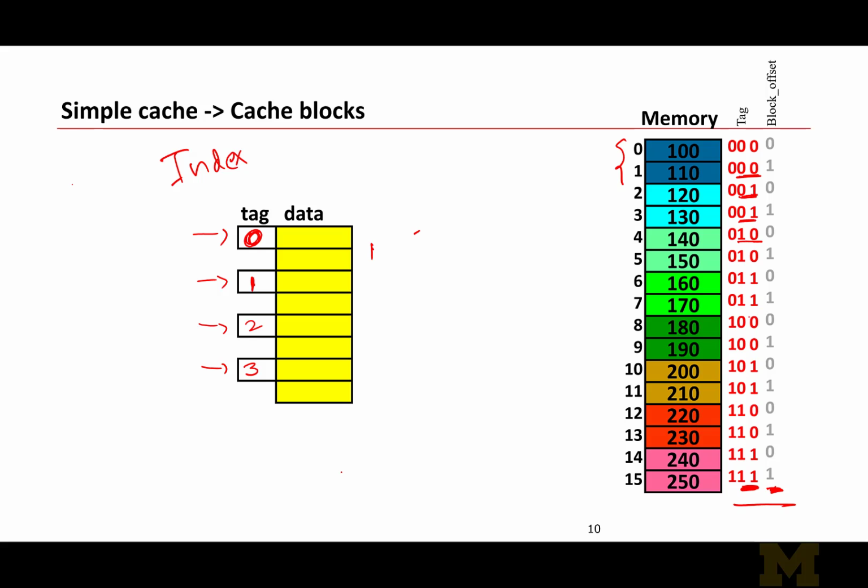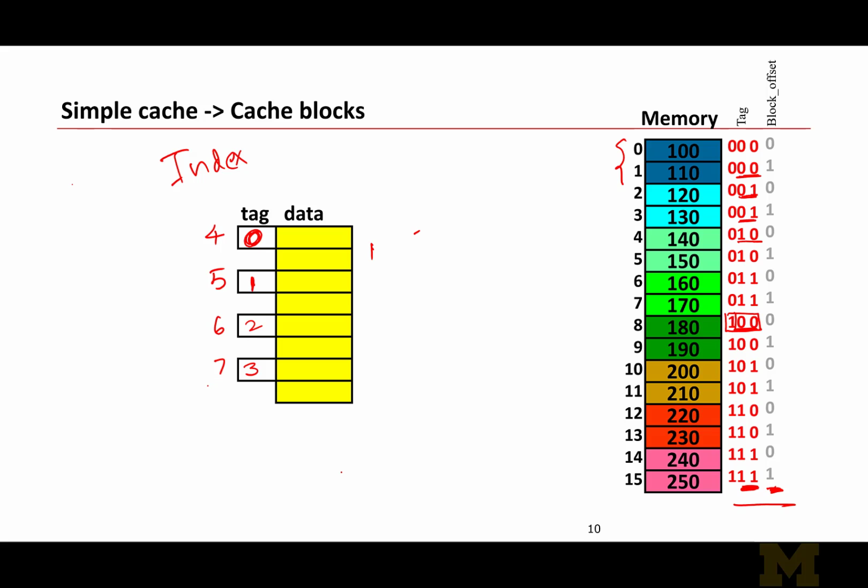And now if you look at my tag 4, the last 2 bits, these 2 bits that I have been using as an index, it is 0, which means that it will map to the same cache line as the block address 0. So block address 5 will map here, block address 6 and 7.